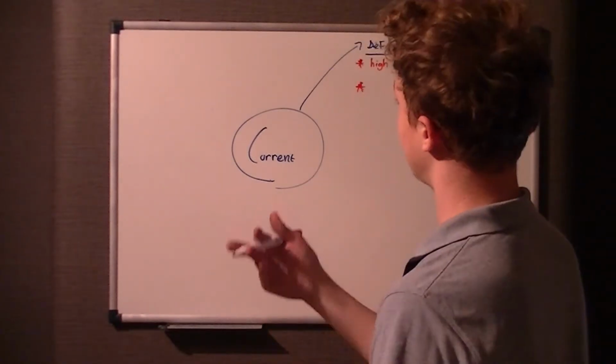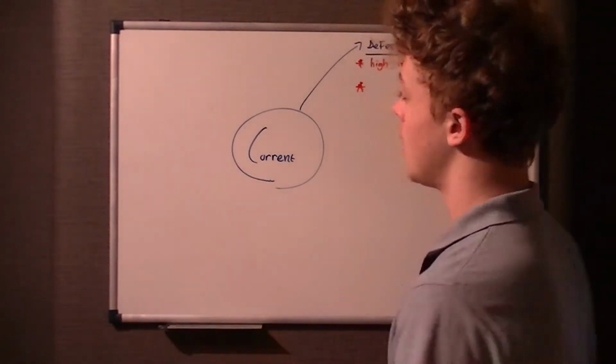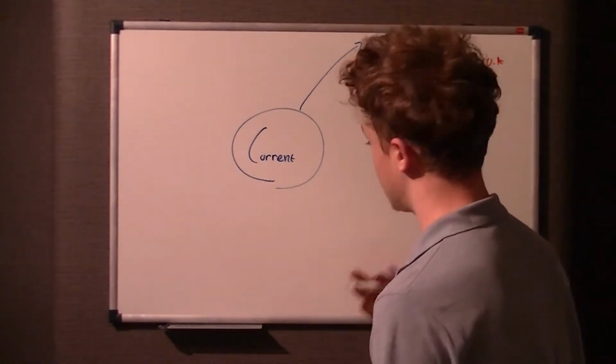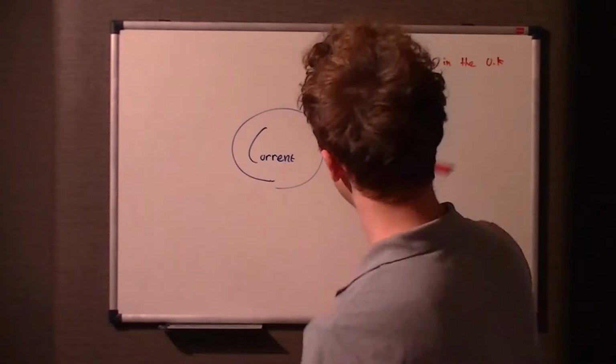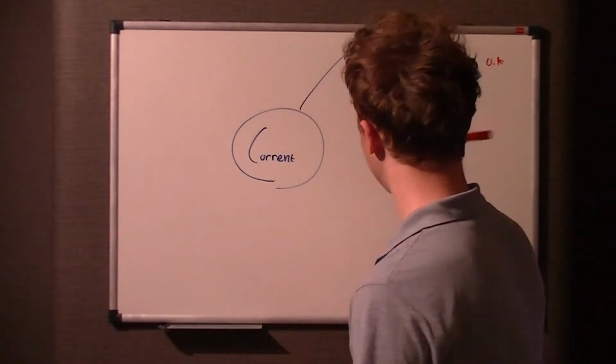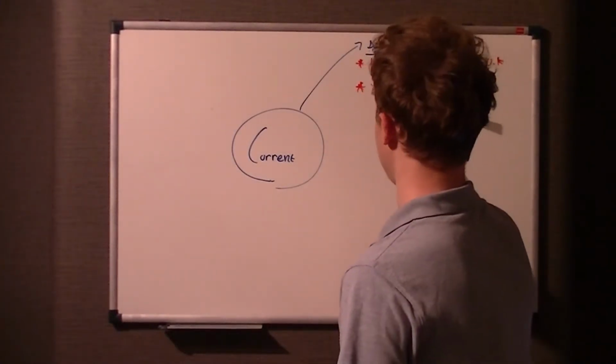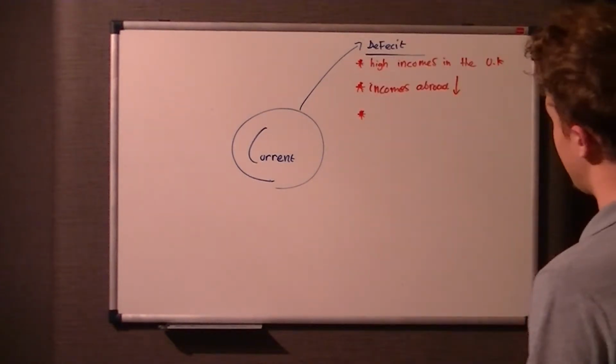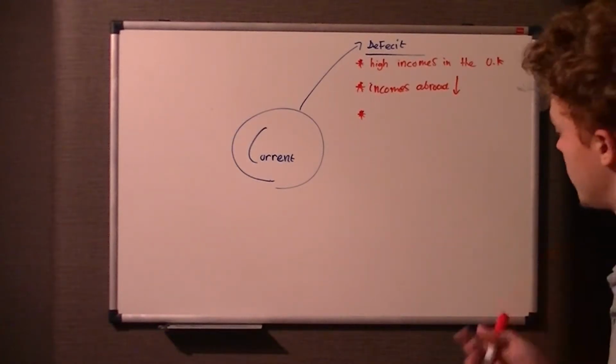We'll assume that at this moment in time we have no deflation in the economy. So that means our export prices have stayed the same. So that must mean the income of foreigners has gone down. So incomes abroad have reduced.